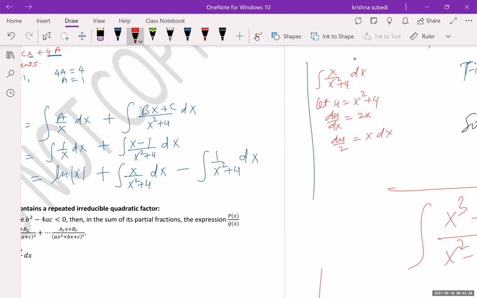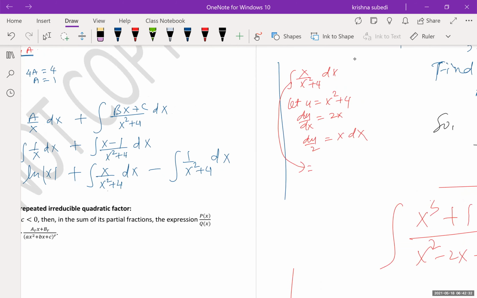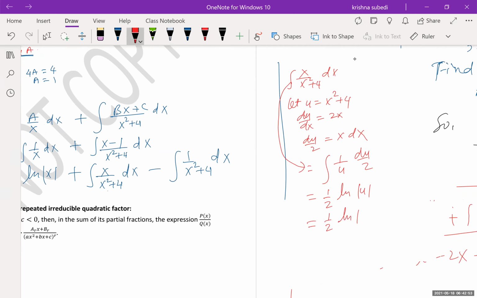To evaluate that integral, x dx means du over 2, and that is 1 over u du over 2. So that means 1 over 2, and this is actually ln u. Substituting the value back, half ln of x squared plus 4. So that part is done.